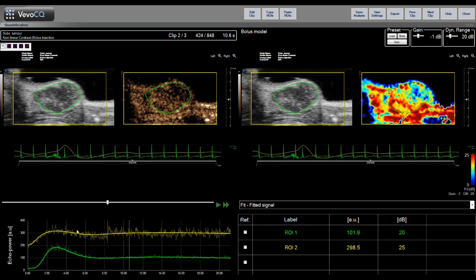This is the weak, more pointy, more rigid curves that you see here, and then we have a smooth curve in yellow for the yellow region of interest and in green for the green region of interest. And this is the fitted signal.